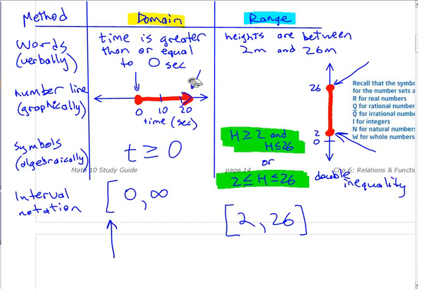This is like a number line that kept going here up to infinity. But you can't actually get to infinity, so you would have to use an open circle. Nobody's ever going to make a number line with infinity at the end. But if you could, you'd put a round bracket there to say it doesn't actually include that number, but everything up to and including that. We're going to work more with interval notation as we work on this unit.